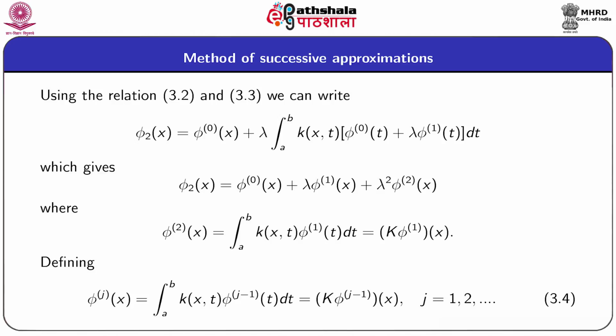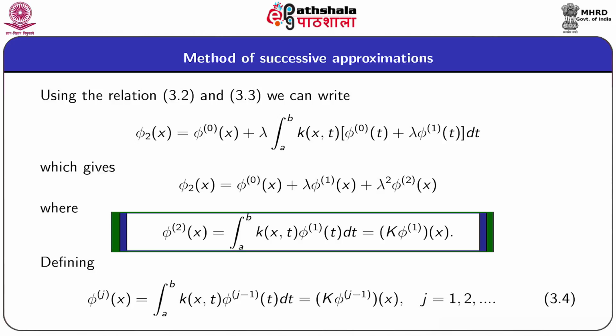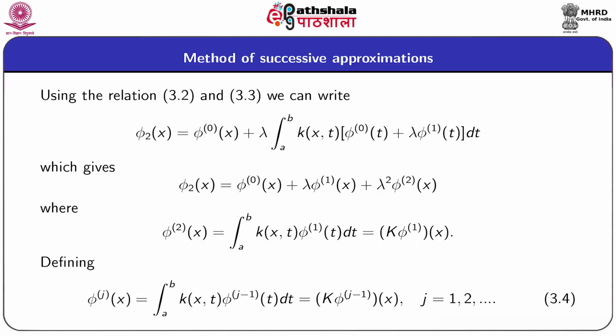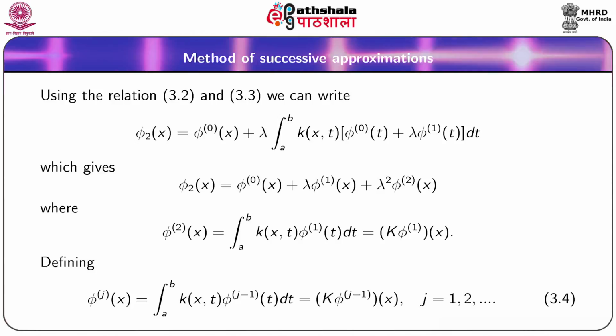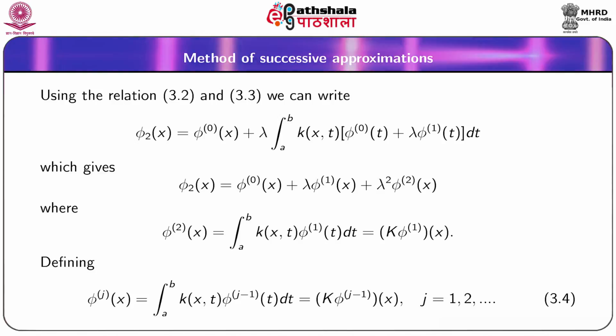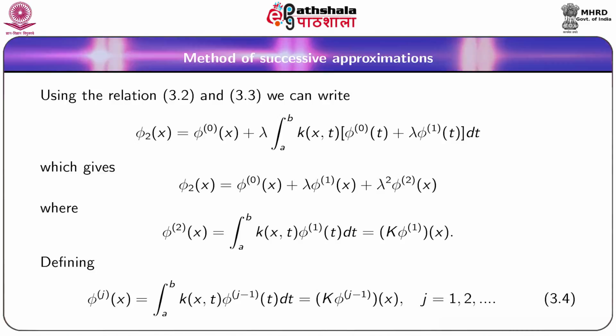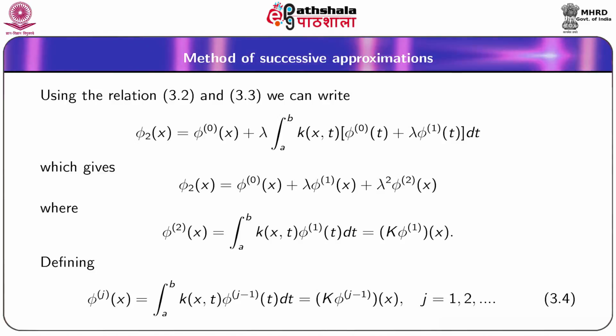So, for this part we substitute lambda phi superscript 1 x, and for this part we have lambda square phi superscript 2 x, where phi superscript 2 x is given by this expression, also in the operator form. So, phi superscript 2 x is equal to integral a to b k x t phi superscript 1 t dt. You can see from this expression that second approximation phi 2 x of the solution of given integral equation has been expressed as sum of three terms.